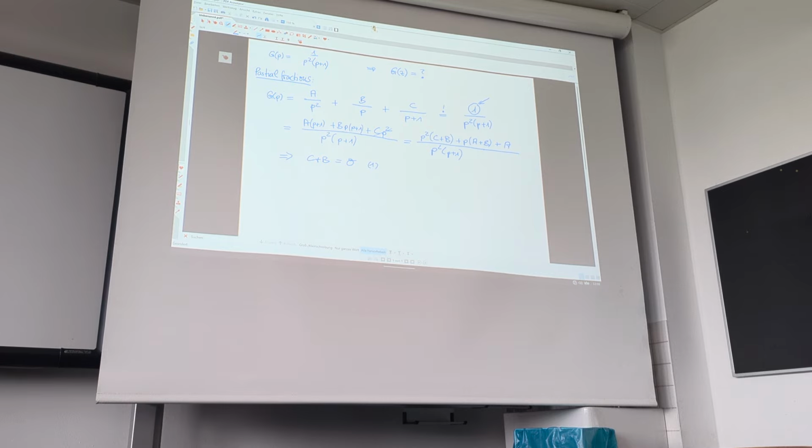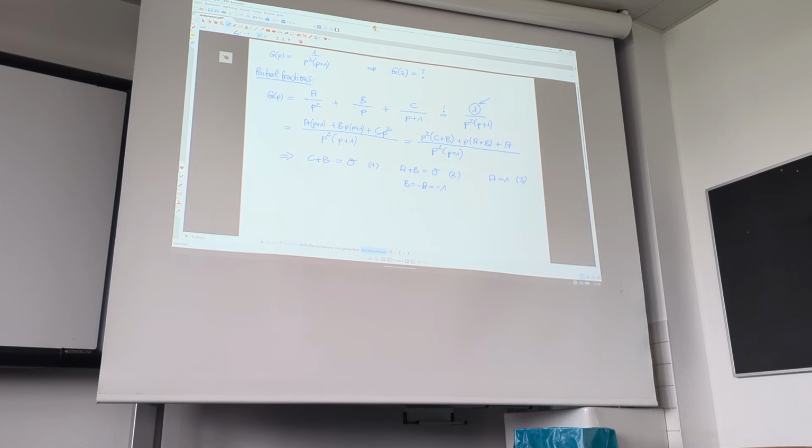What about the linear term, p? Is it existing here in the original term? No. So that means a plus b is also 0. And what remains is a has to be equal to 1. That's our equation number 3. And as we know a is equal to 1, we can immediately write down b is equal to minus a, which is minus 1.